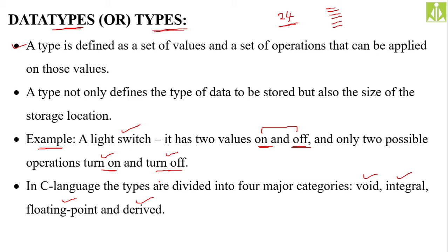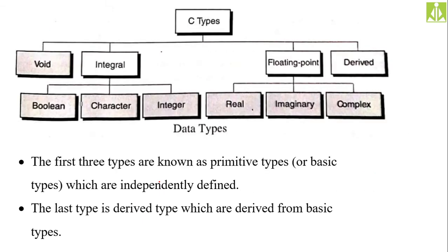These four are the types in C language. We need to know only about these four types. So the C types, as you can see, we have void type, integral type, floating point, and derived type. Among these types, a few types also have further categorization. Like void type, there is no further categorization, as you can see in this picture.